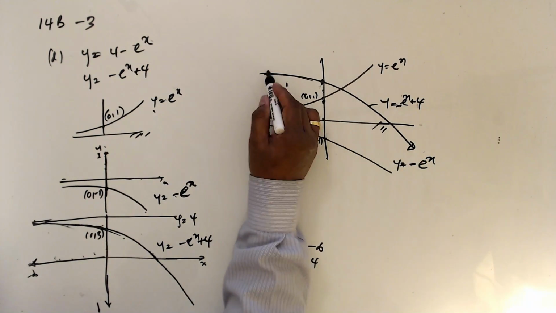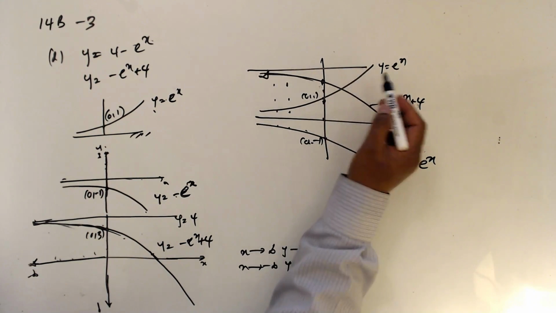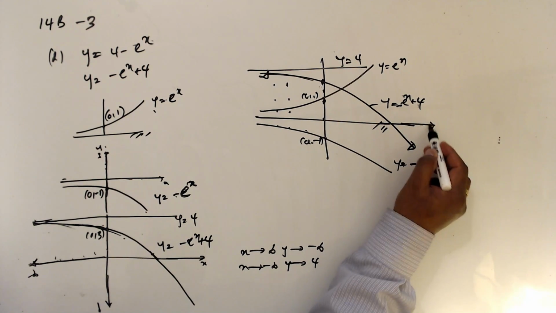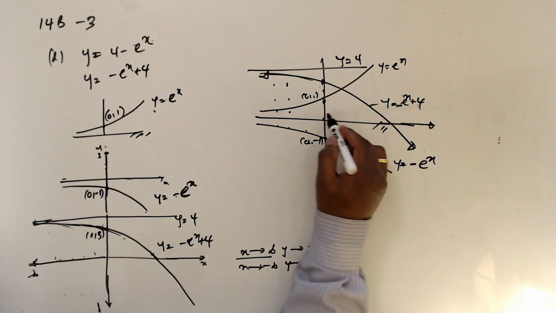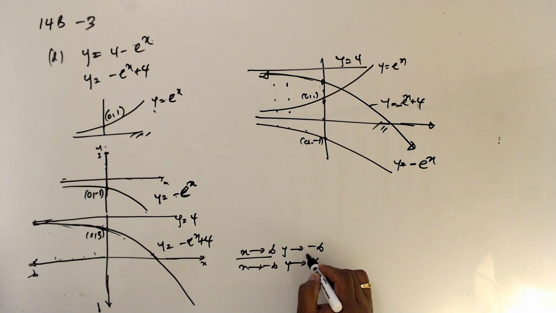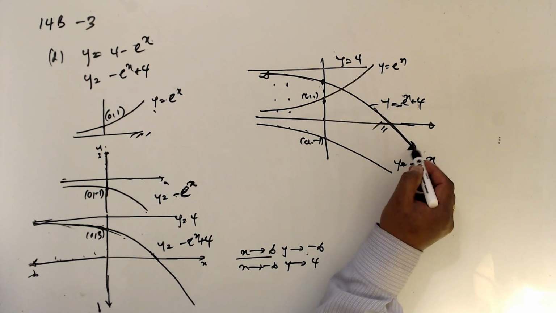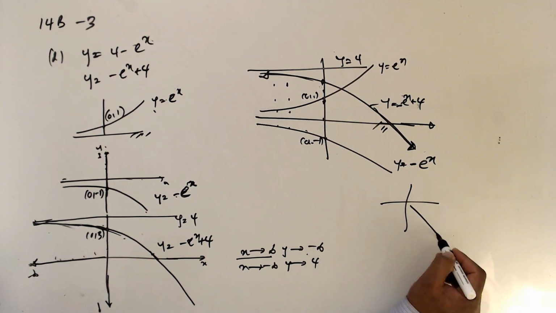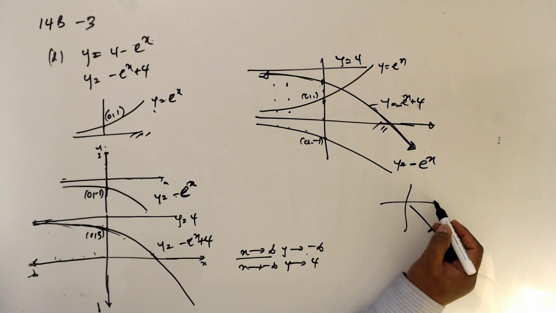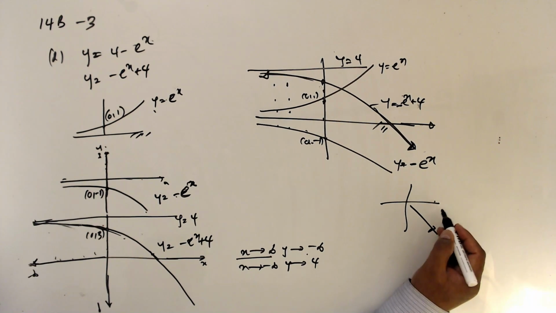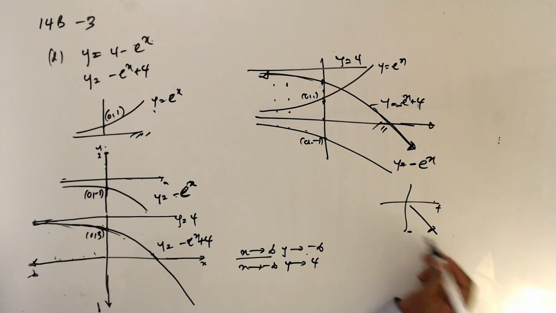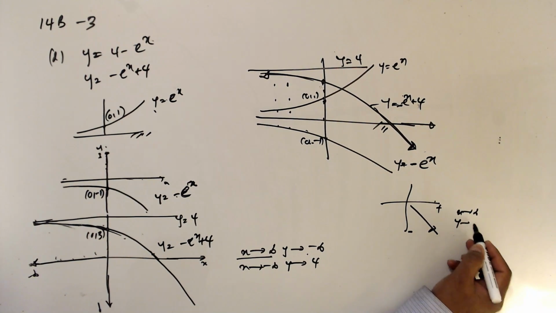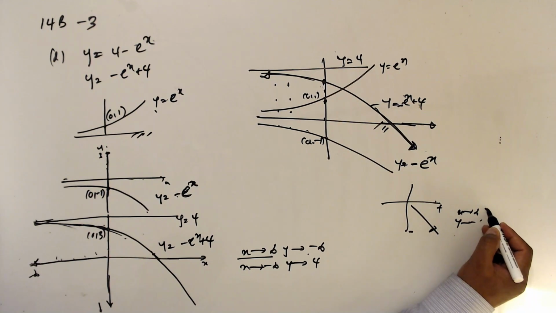Now you can see that this is y equals 4. x goes to positive infinity, y goes to negative infinity. That's why it is going here. If you see in this direction, what is the x value? x is positive and y is negative. So x goes to positive infinity, y goes to negative.